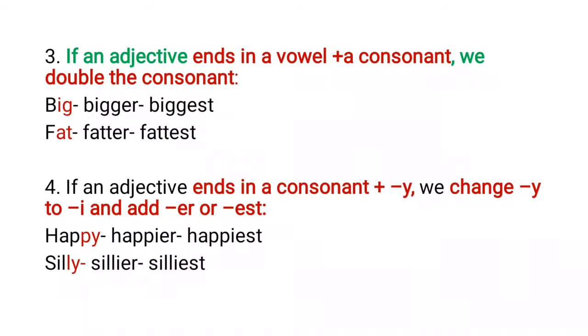Now, if an adjective ends in a vowel plus a consonant, we double the consonant. Just look at these two words, big and fat. Yes, they are one-syllable words, and in both these words, we have one vowel, I, A, followed by a consonant, G and T. So, how are we going to make their comparative and superlatives?